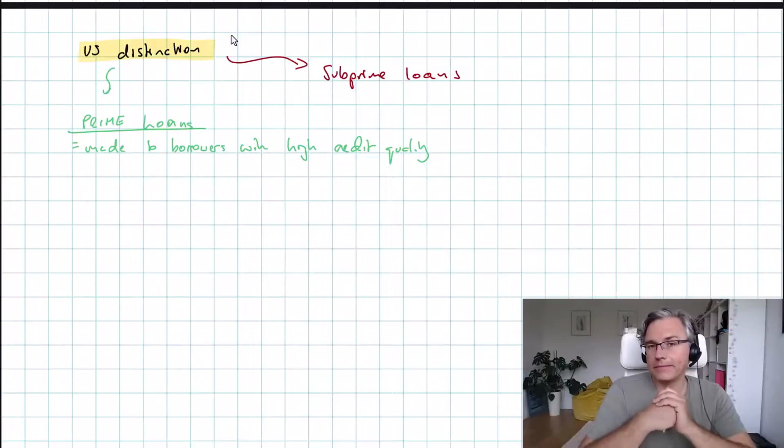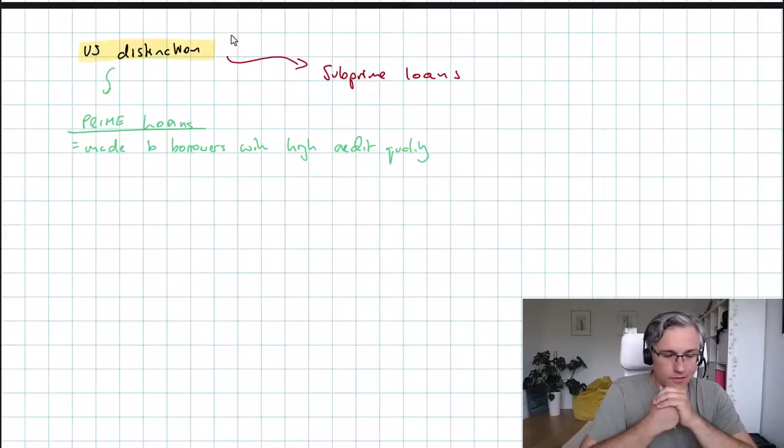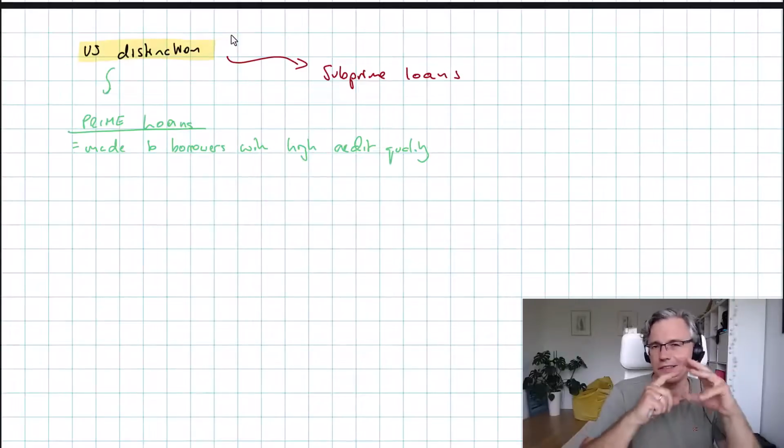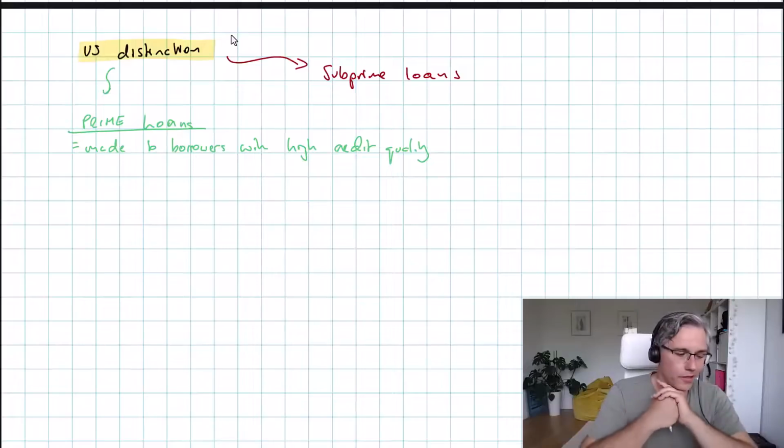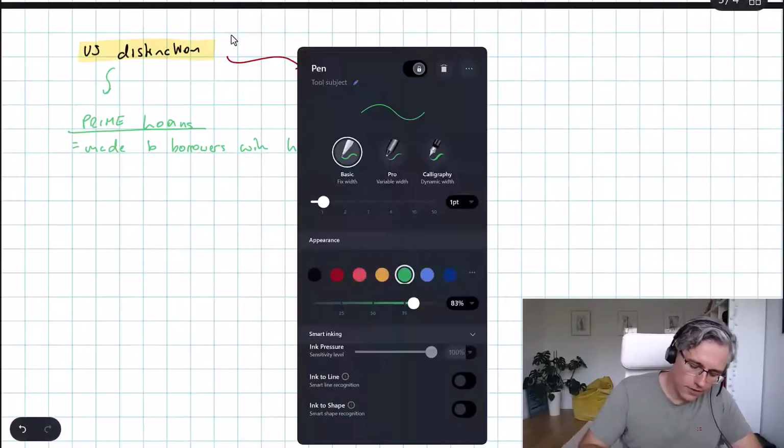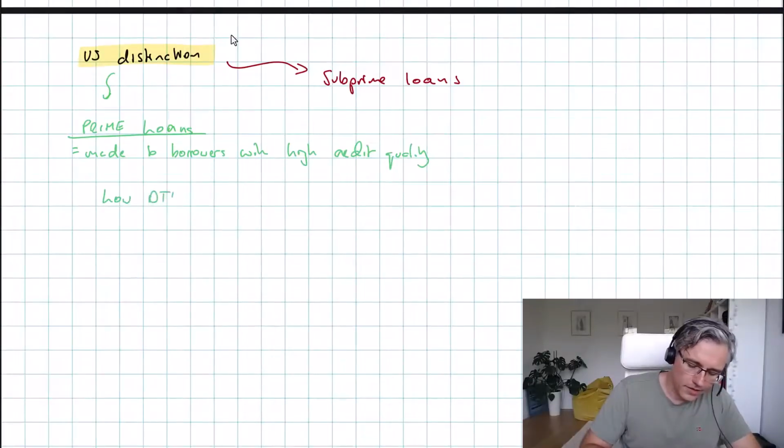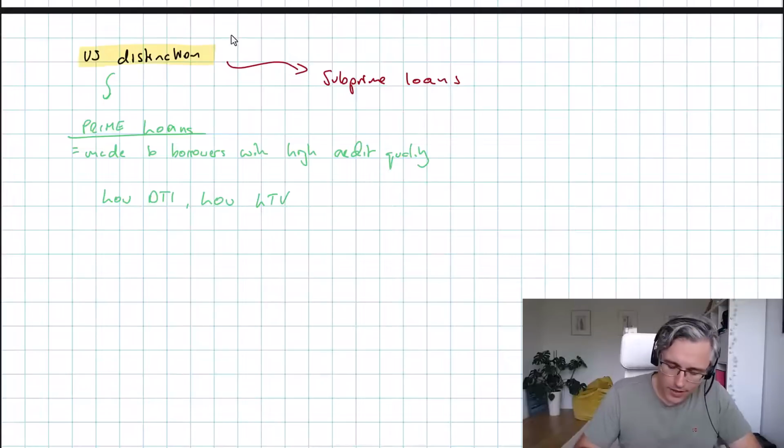They will have lots of equity to bring into the transaction, so low LTV values, and also low DTI, low levels of debt to income: lots of income, and the debt payment isn't so big in relation to their monthly income. Let me write down a few of these features: low DTI, low loan to value ratios, and also they will be offering first lien on the properties.